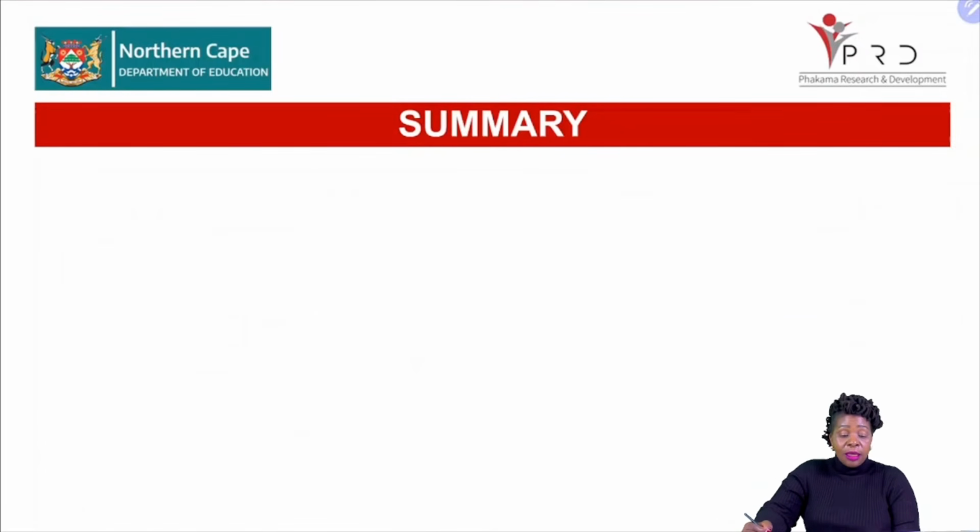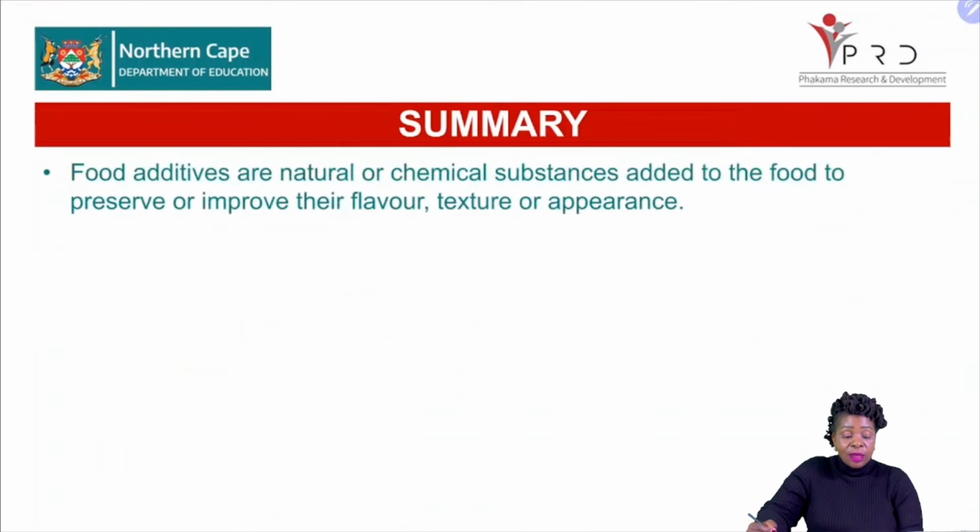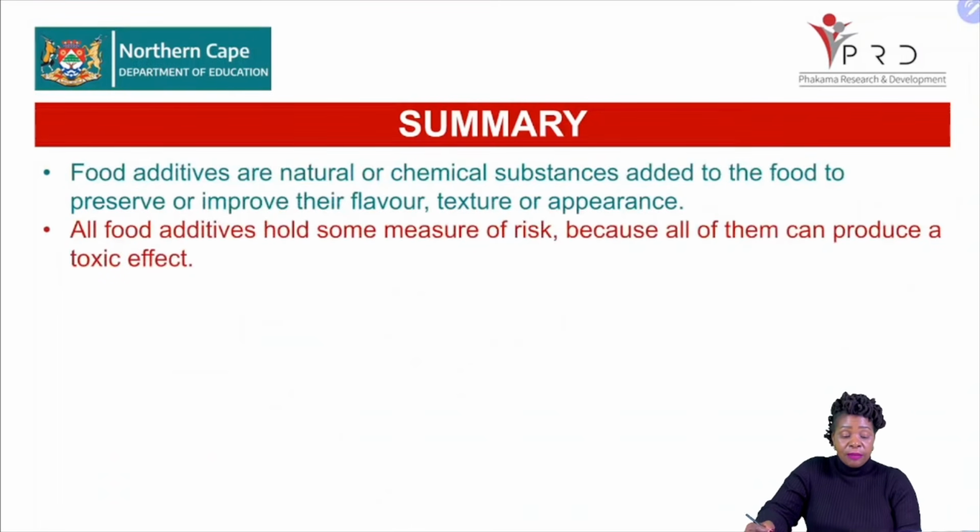Right? And then we go on to the summary for today's lesson. We said food additives are natural or chemical substances added to the food to preserve or improve their flavor, texture, or appearance. And we said all food additives hold some measure of risk because all of them can produce a toxic effect.